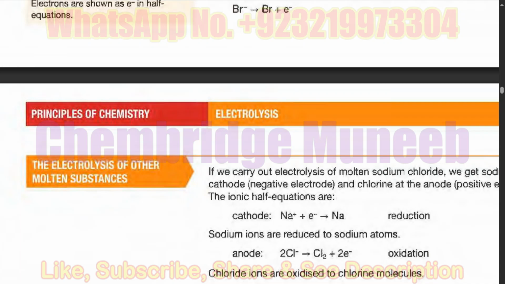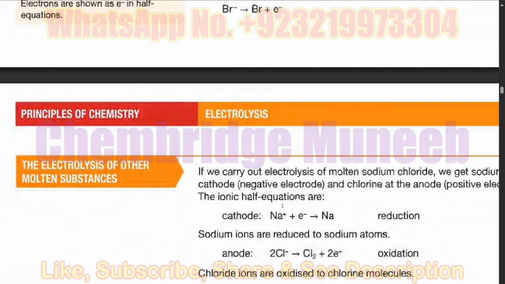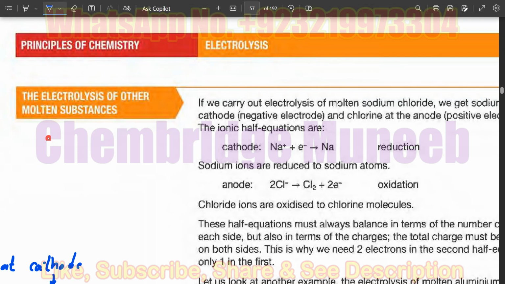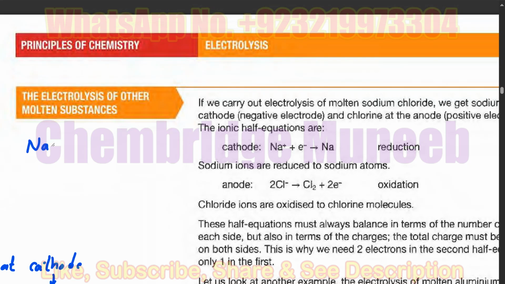The next example taken is electrolysis of sodium chloride, NaCl, in its molten form. So when NaCl is taken in its molten form and we do its electrolysis, the two ions produced will be sodium ion and chloride ion.